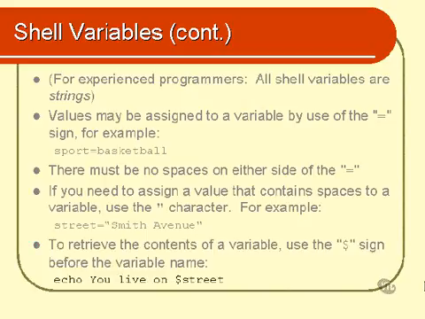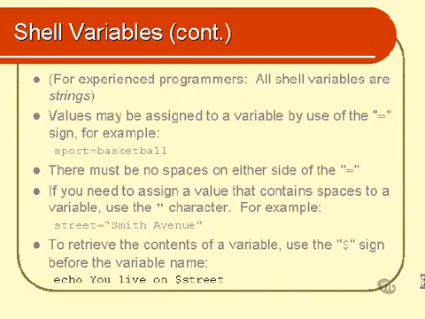Here, using the street example just prior, we can say you live on, and then we put a $ and then the name of a variable. Now if Smith Avenue was in the box called street, then what we would see on the screen would be you live on Smith Avenue.